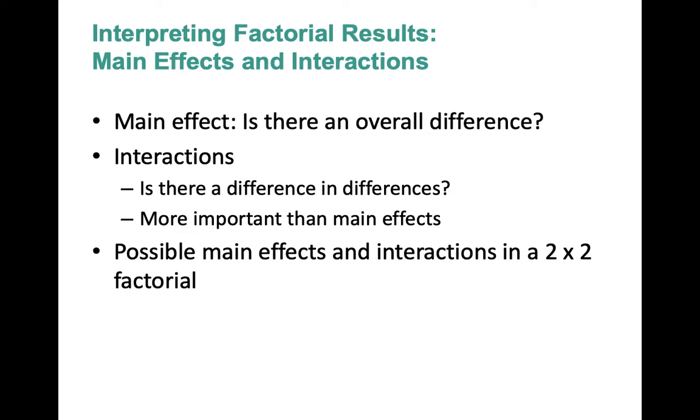So we're going to go over how to determine what main effects are, what interactions are, and then be able to pick out the possible main effects and interactions using the simplest version of a factorial design, which is a 2x2 factorial design. When we see this notation, we're talking about two different independent variables, and there are two levels of each variable. So all the examples that we've been talking about so far with alcohol, body weight, and aggression.